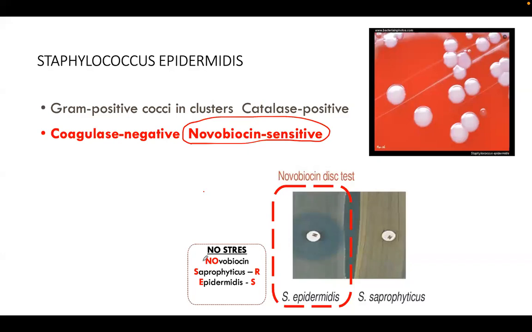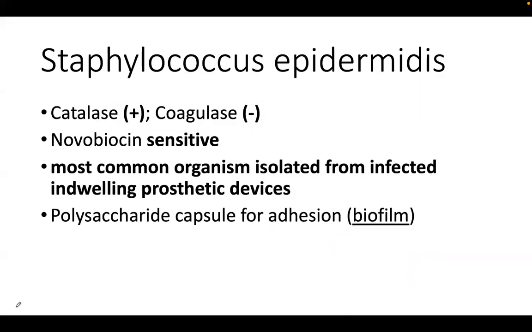So don't forget, novobiocin resistant is going to be saprophyticus. Novobiocin sensitive is going to be epidermidis. Now, always remember, it is the biofilm which is responsible for the virulence of Staph epidermidis.